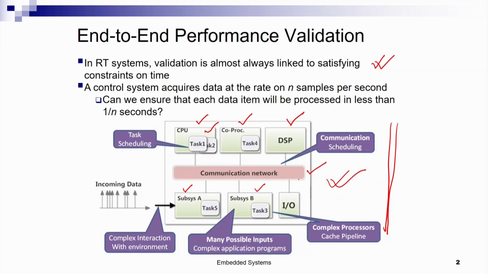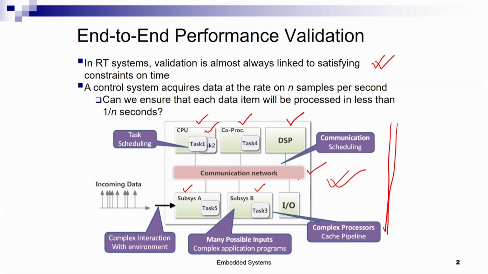So, with respect to embedded systems, validation is almost always linked to satisfying constraints on time. We will see how this important constraint can be met. For example, let us say this embedded system is a control system which acquires data at the rate of n samples per second, and we need to validate whether we can ensure that each data item will be processed in less than 1 by n seconds.